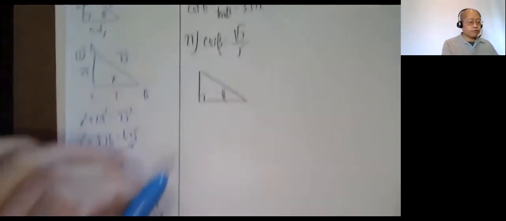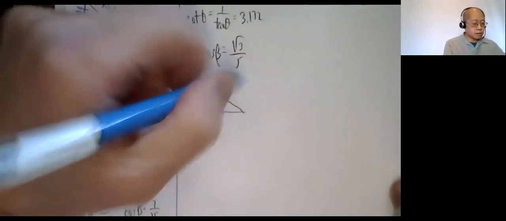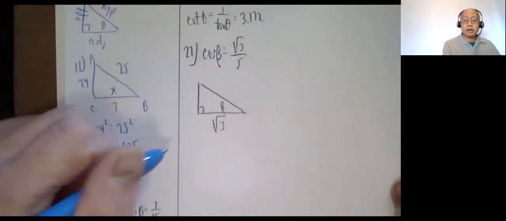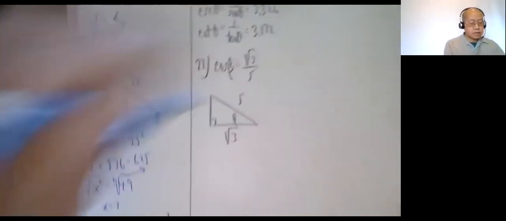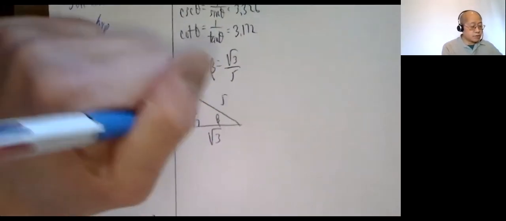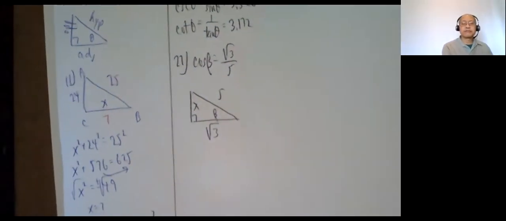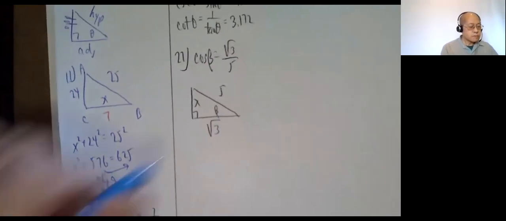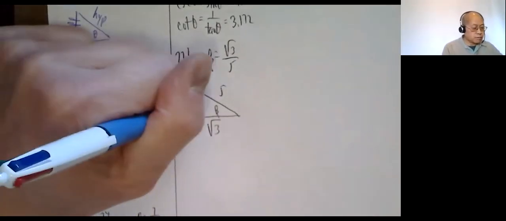Adjacent over hypotenuse. So adjacent is radical 3, hypotenuse is 5. And I have to figure out the opposite side, which I'm just going to call x right now, and use my Pythagorean theorem.